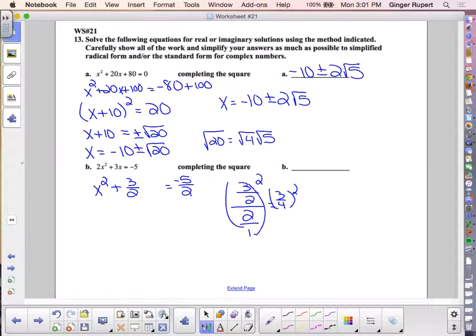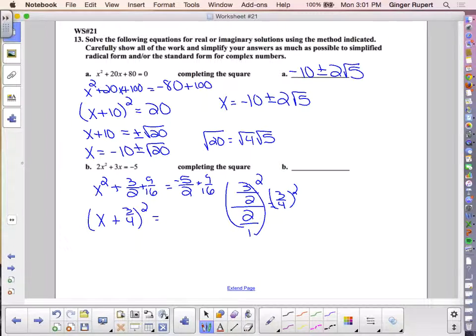So I'm going to add 9/16 to both sides. My perfect square trinomial as a binomial squared will be x plus 3/4 squared is equal to, now I want to combine like terms when I'm adding these fractions.